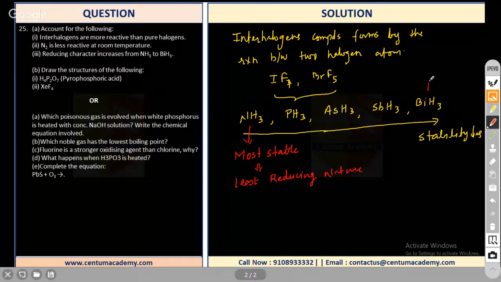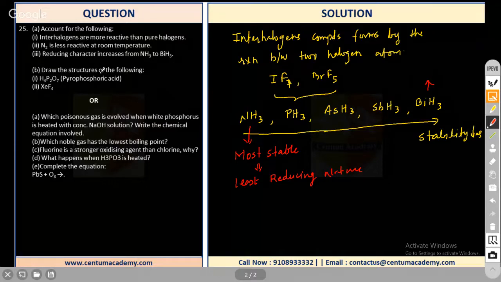For BiH3, the fact will be reversed: least stable and maximum reducing behavior. So that's the reason for the reducing characteristics from NH3 to BiH3.